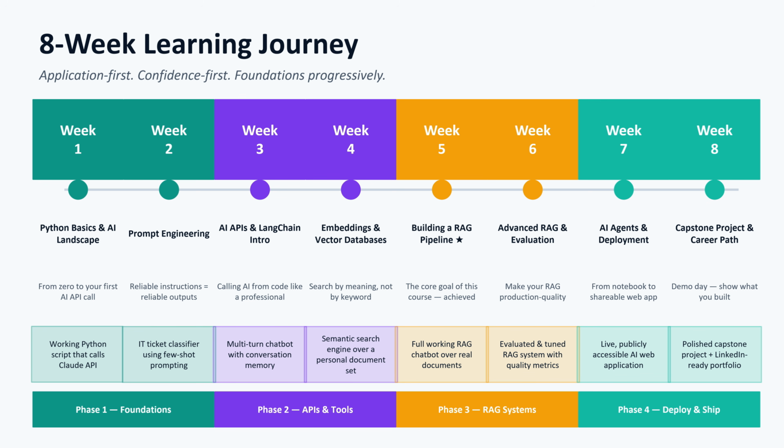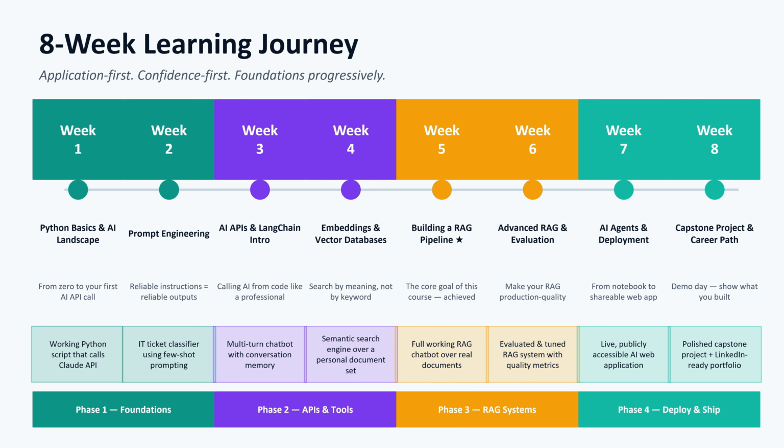Week 1 starts with Python basics and understanding the AI landscape. Week 2 focuses on prompt engineering, which is one of the highest ROI skills in AI today. Week 3 and 4 introduce AI APIs, LangChain, embeddings, and vector databases.